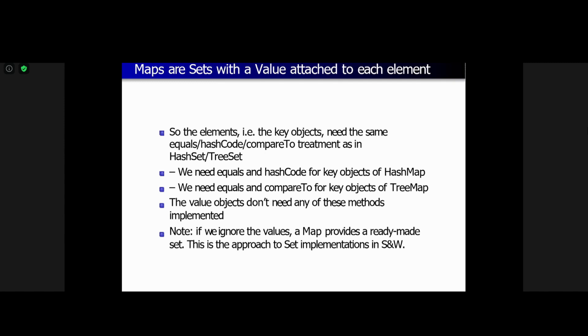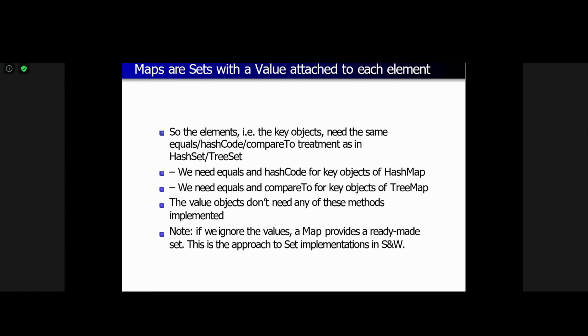Okay? So you can see we need equals and hash code for a hash map on the key objects, and equals and compareTo for key objects in the tree map. Okay? So the value object can do anything. So it's very common to have integers and strings as the domain type, and then some kind of complicated object as the range type, so that you don't have to worry about it.